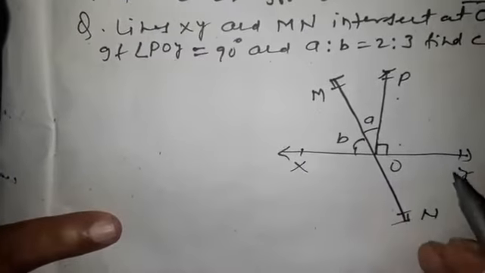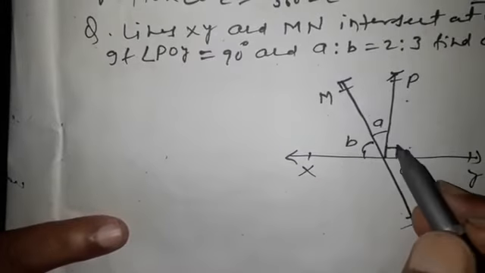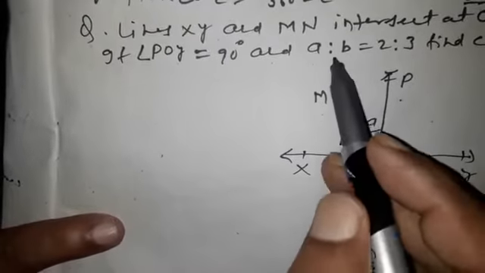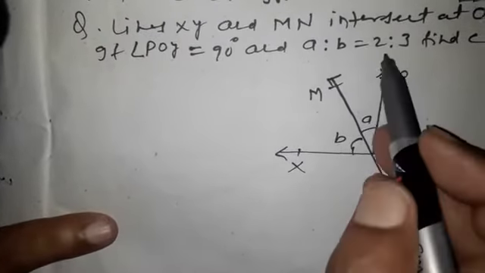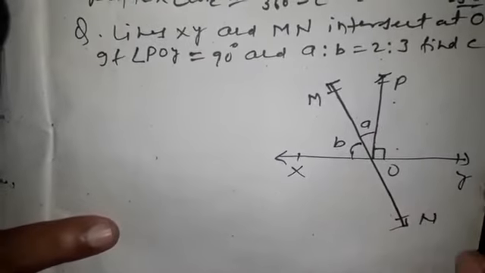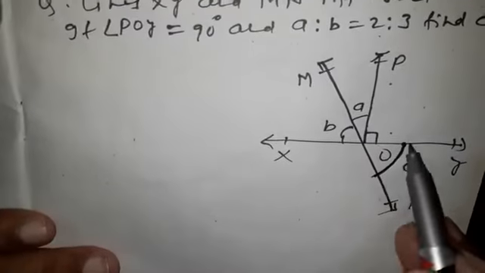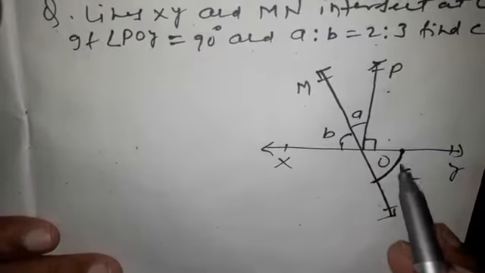Here OP is perpendicular to XY, angle POY is 90 degrees, and the ratio of angle A to angle B is given as 2:3. Find angle C. This angle is angle C, and we have to find the value of this angle.